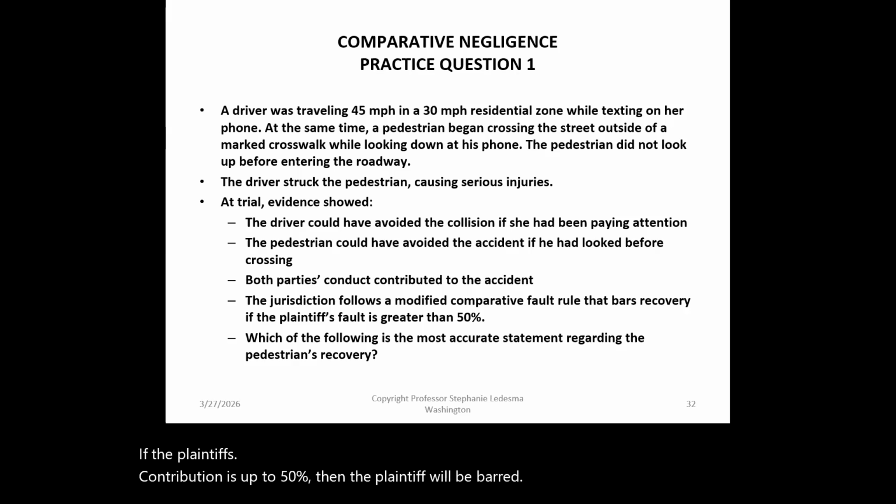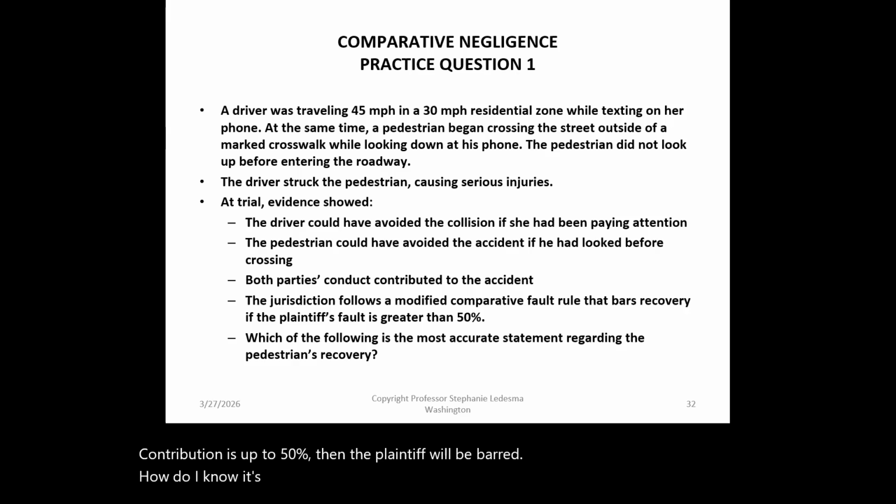How do I know it's 50%? Because it's a 50% modified comparative. It tells me modified comparative is 50%. So that means that if I get to 50%, plaintiff doesn't recover. So here's my options.